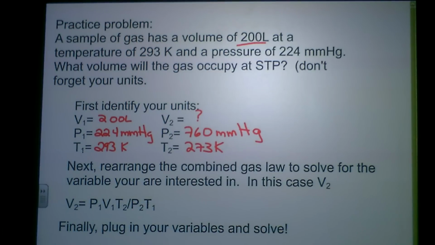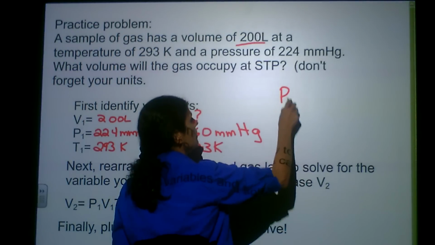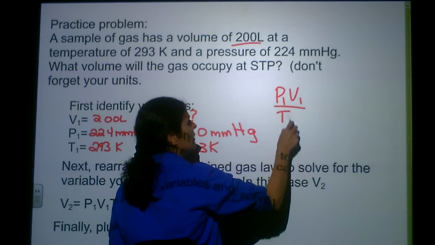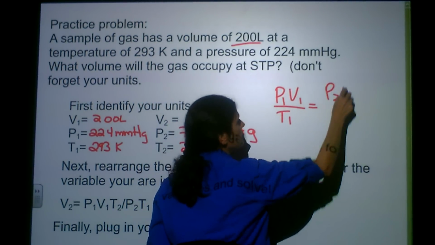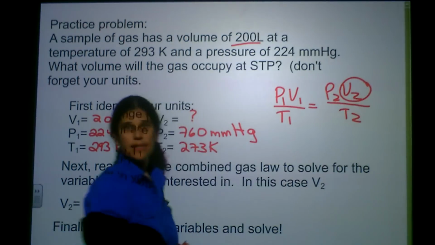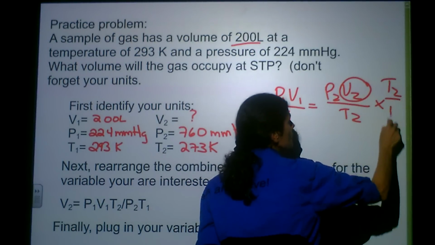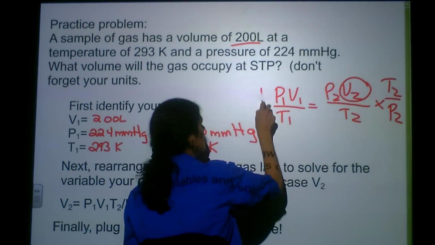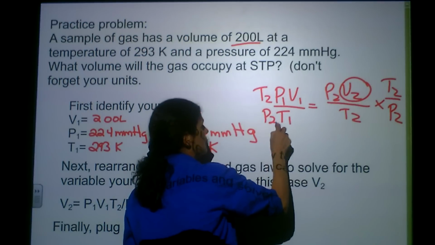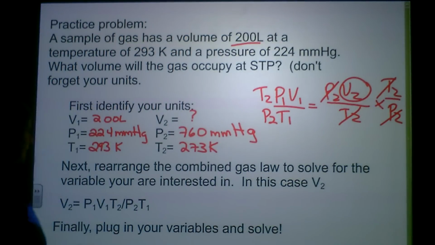So now I have to rearrange my formula to solve for V2. I am going to multiply both sides of the equation by T2 over P2. And what I'm left with is this equation here.